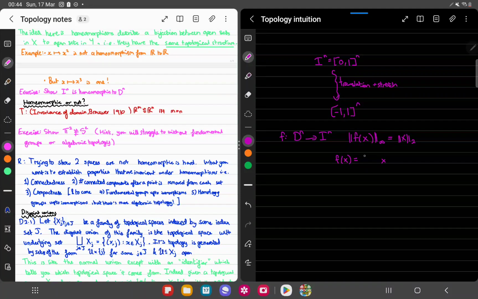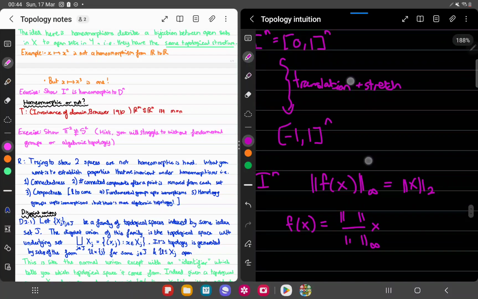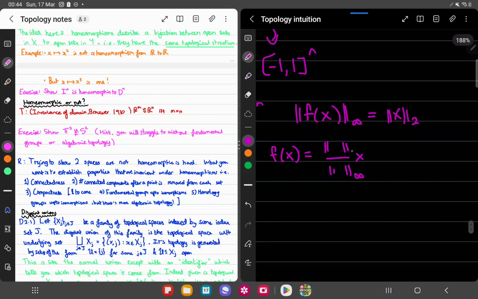I want to cancel out infinity norms when I take infinity. So if I took an infinity norm around this, that's a constant, so I'd cancel this out. So it's an infinity norm on the bottom somehow, and I want to use the 2 norm instead.